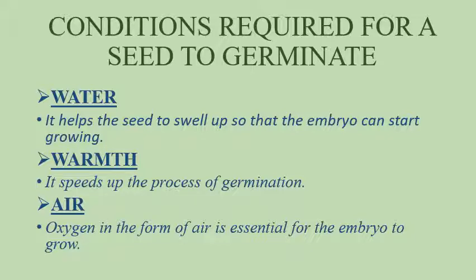Seeds buried in the soil get the air from the spaces in between the soil particles. Please note here that all the three conditions are necessary for germination of a seed. If any one is not available, the seed will fail to germinate.